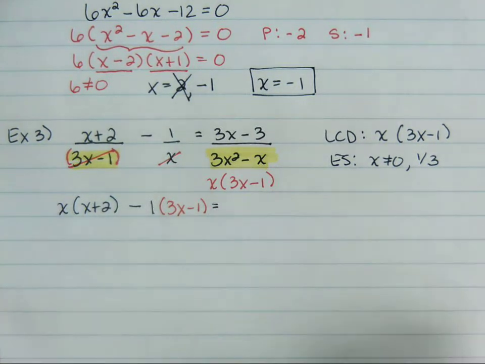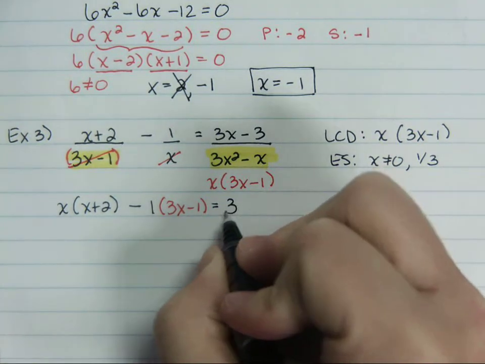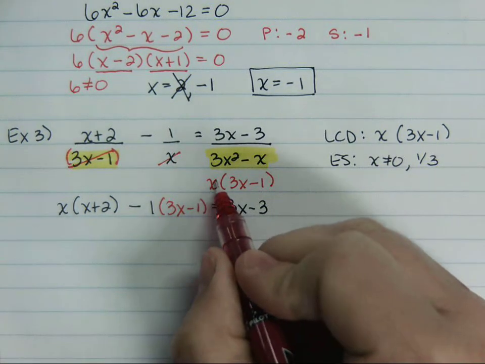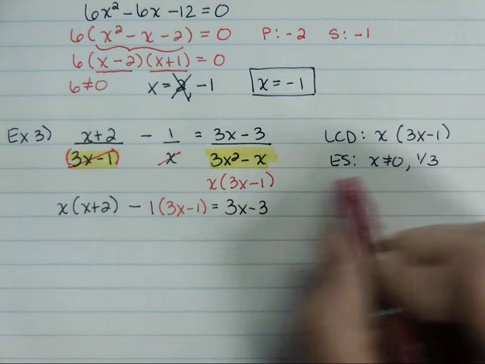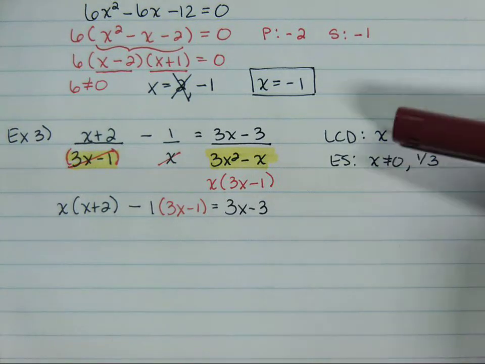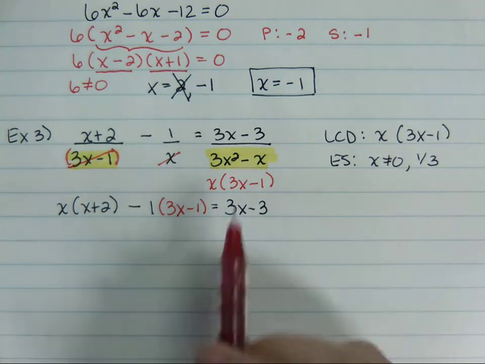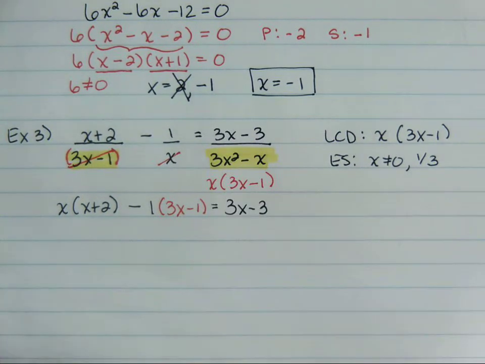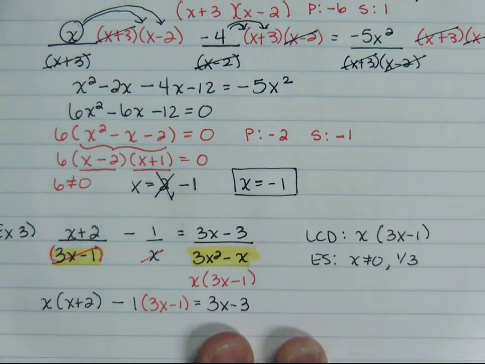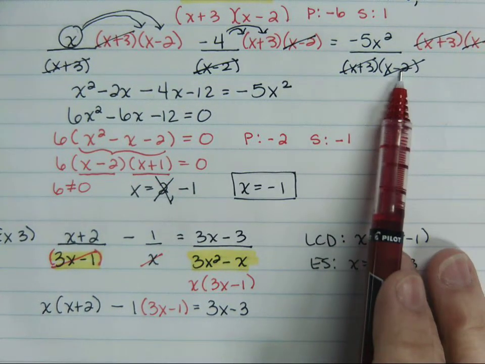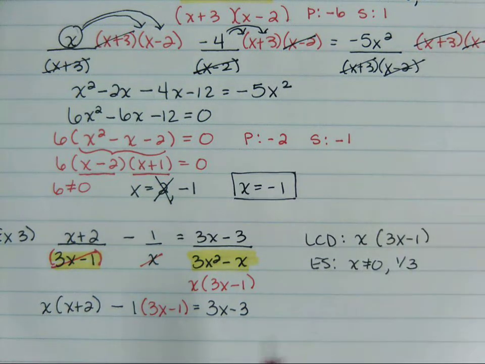Okay. And again, I'm going to leave this 3x minus 3 alone. The x would cancel, the 3x minus 1 would cancel, and I don't have any factors left to actually distribute in the numerator. So the numerator is all that's going to remain in my work. Just like up here in this part where I had two factors and they both canceled with the LCD, I was just left with only the numerator.